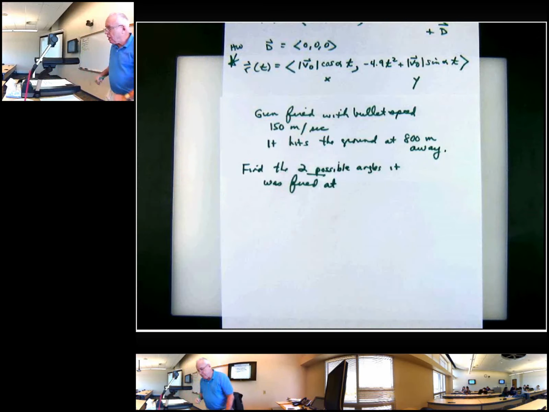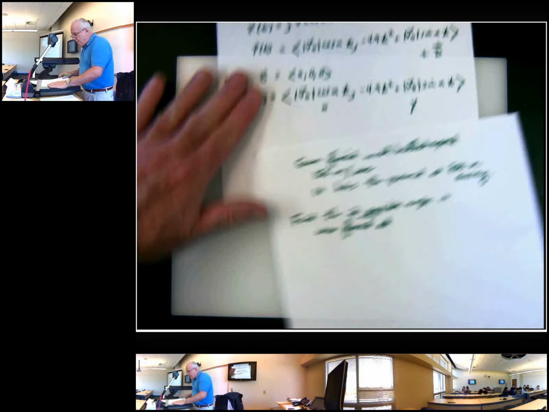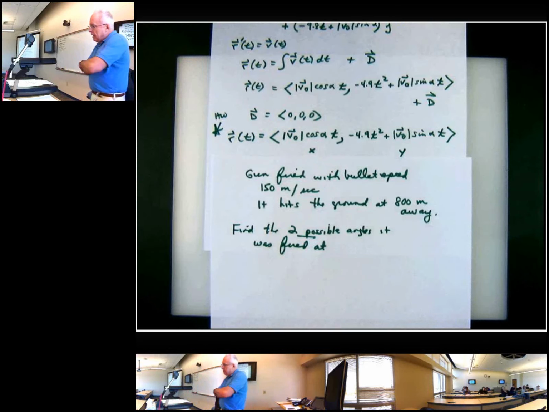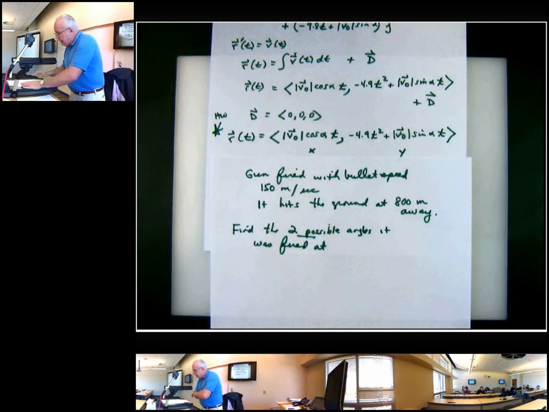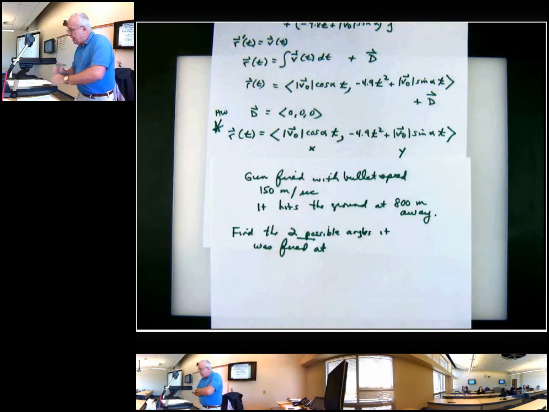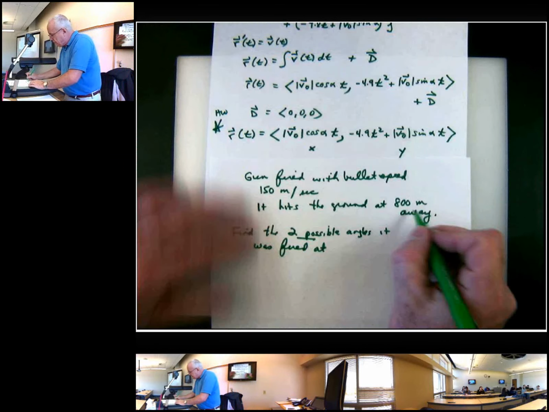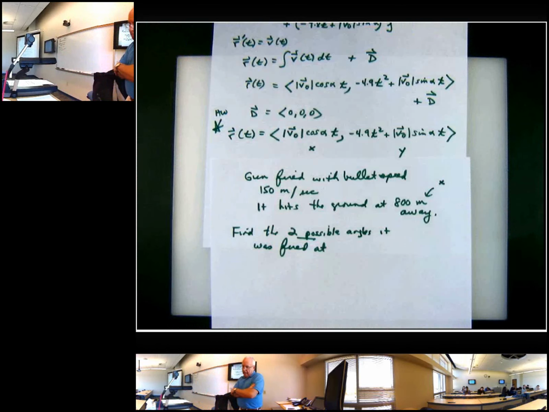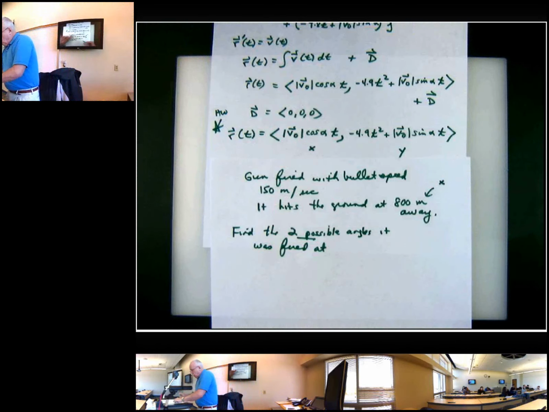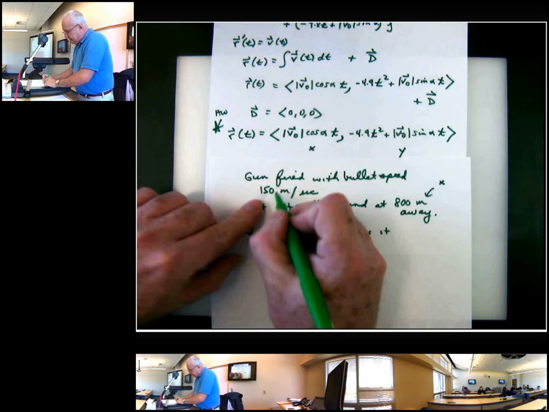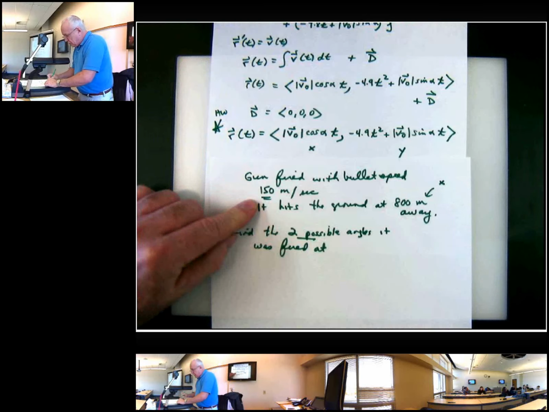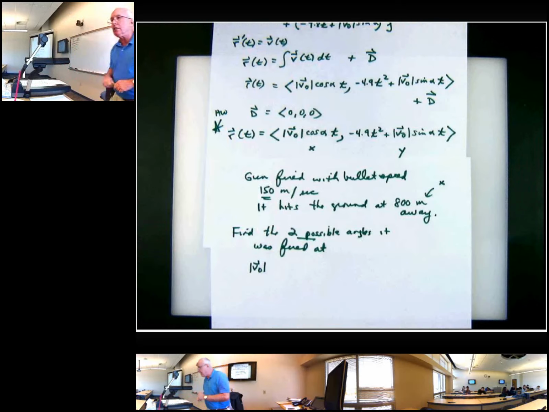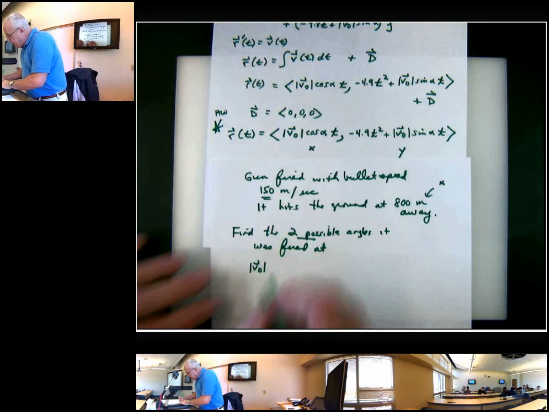So let's look here at our formula that we're going to be using. It hits the ground at 800 meters away, so this is your x value. And we're told that the initial speed is 150, so the v naught magnitude is equal to 150.